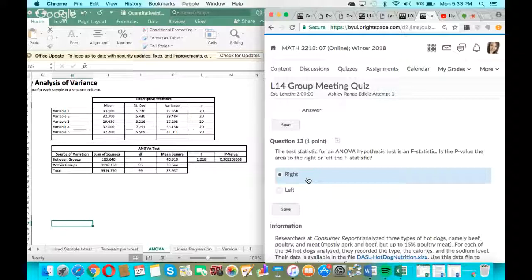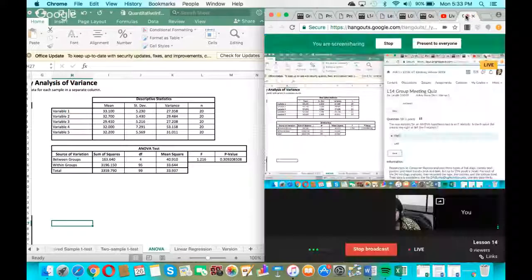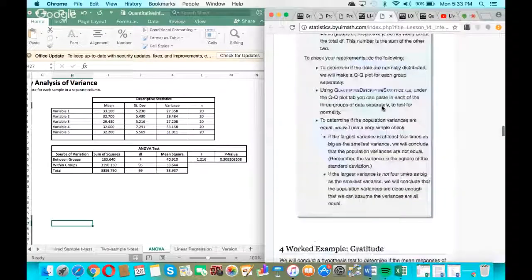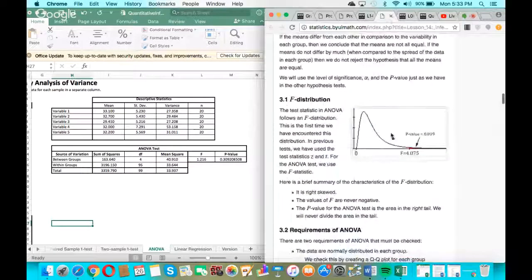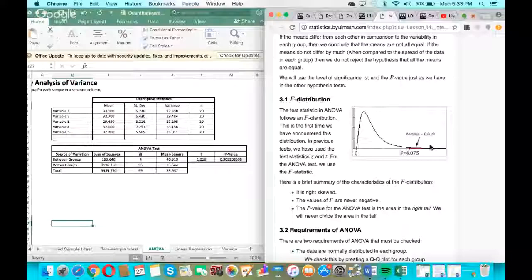And the F statistic is over here? Where would it be at? I just don't get the question. So if we go right here, the p-value would be to the right of the F. Oh, okay. That makes sense.